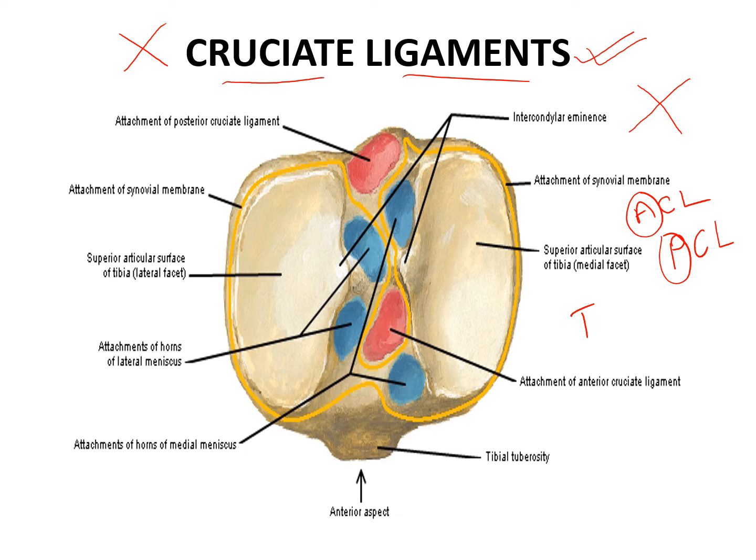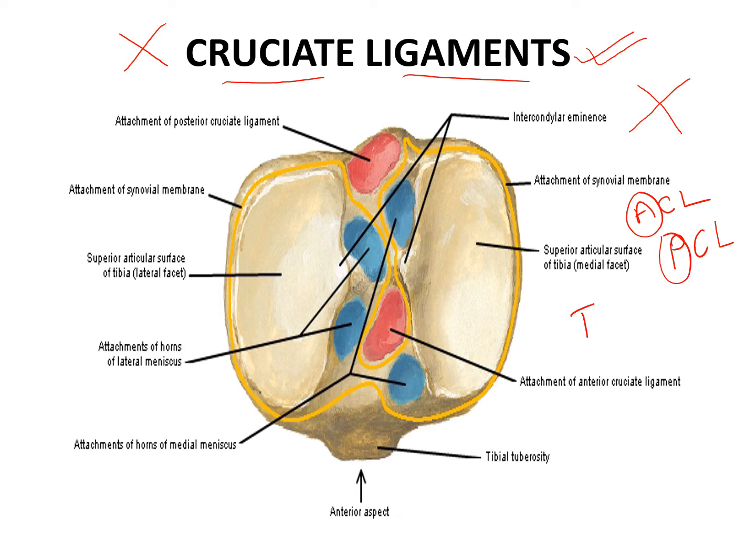So you can see that these are the articular surfaces of the condyles of the tibia. Now in between the condyles of the tibia, there is an intercondylar area where several structures are attached. This is very important. We will discuss in detail what structures are attached.